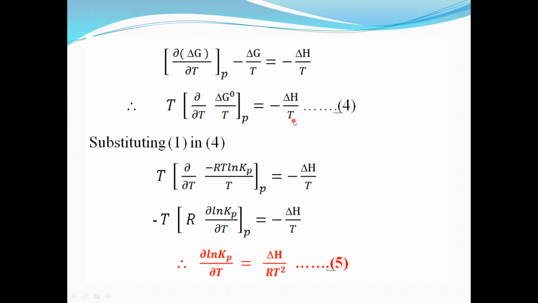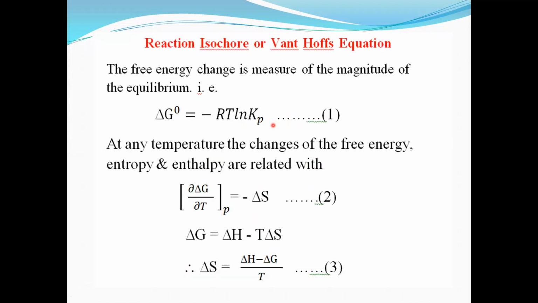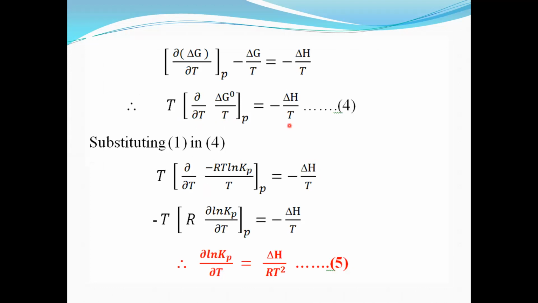But from equation 1, what is equation 1? We have seen this is equation 1, that is Gibbs free energy in standard state: delta G naught is equal to minus RT ln Kp. So put that value in equation number 4. Here is the delta G naught, and from equation 1 the value of delta G naught is minus RT ln of Kp.